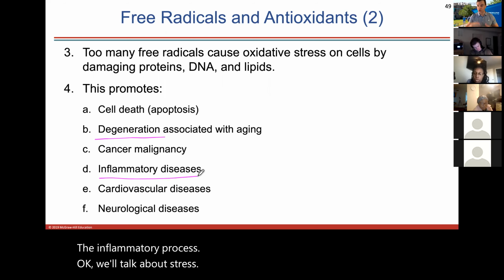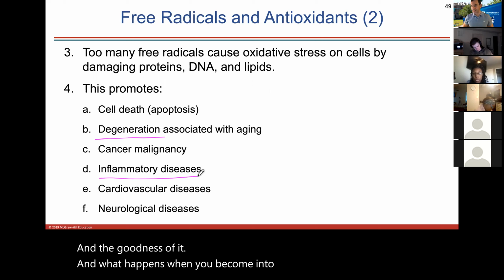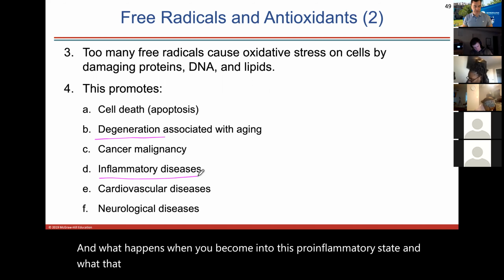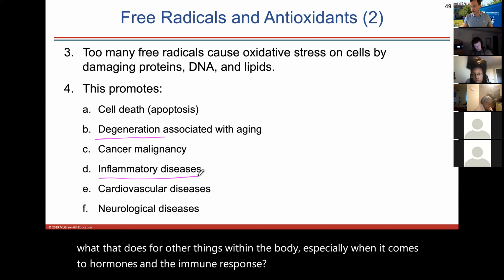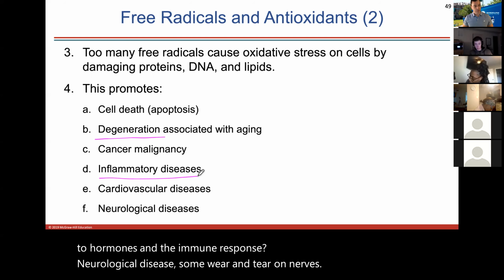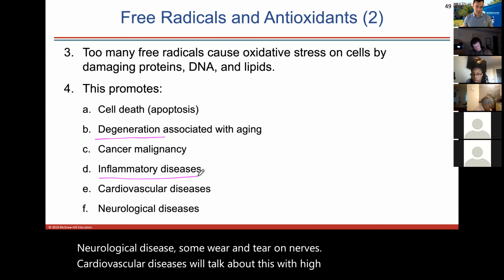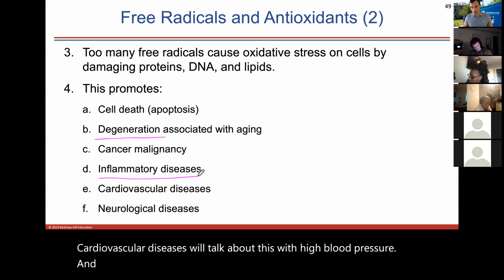And what happens when you become into this pro-inflammatory state and what that does for other things within the body, especially when it comes to hormones and the immune response. Neurological disease, some wear and tear on nerves. Cardiovascular diseases. We'll talk about this with high blood pressure. And what that means for the heart and its function and the blood vessels and their function.